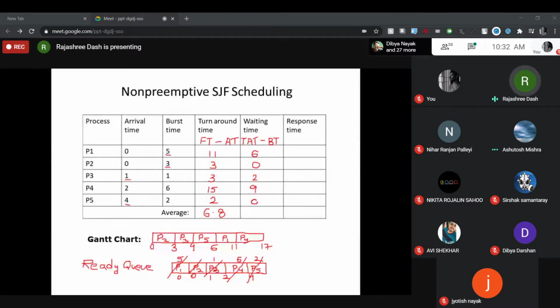So quickly tell me what will be the average waiting time. 3.4.